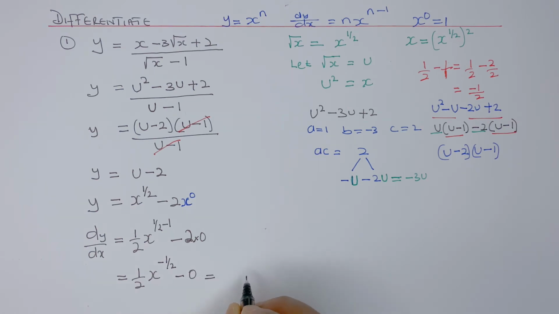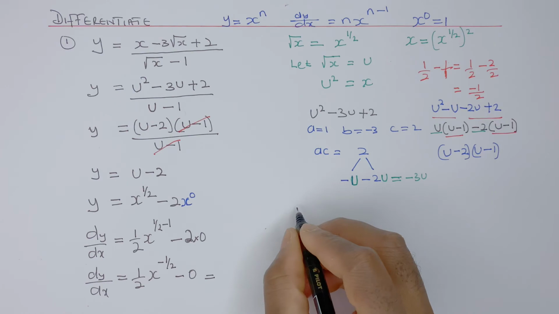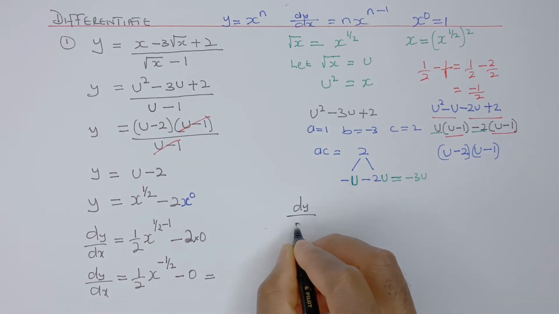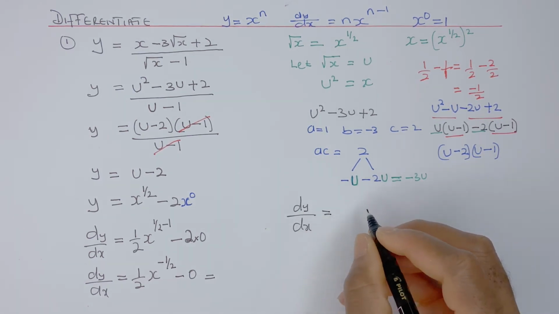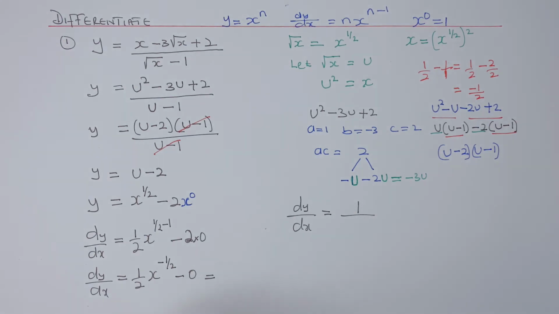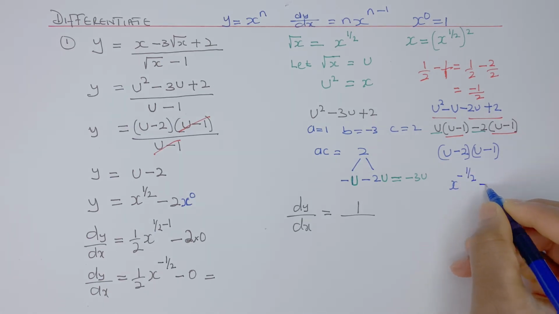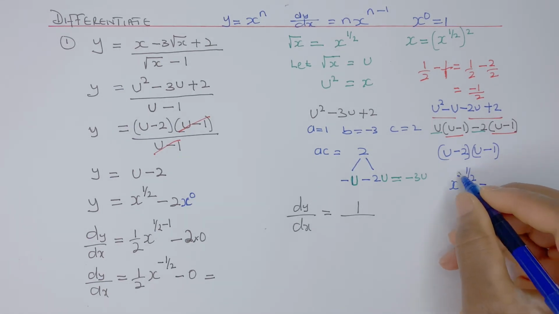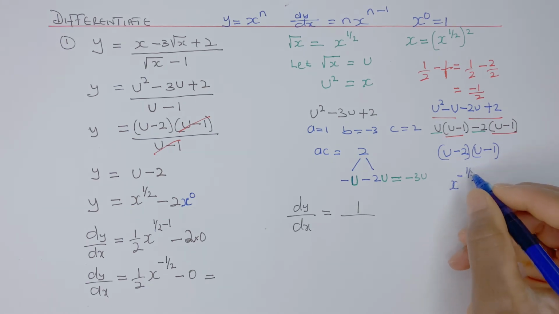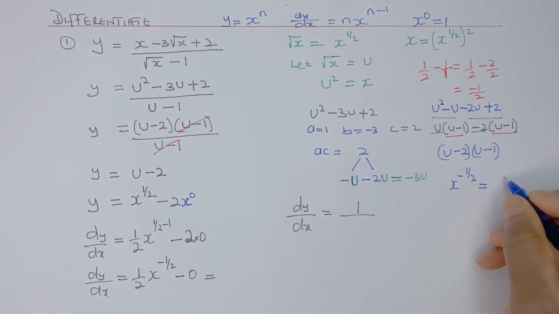So that's dy/dx. dy/dx will be 1 over 2, x to the power minus a half. This is a negative power. It has a relationship with its positive power, which is 1 over x to the power a half.